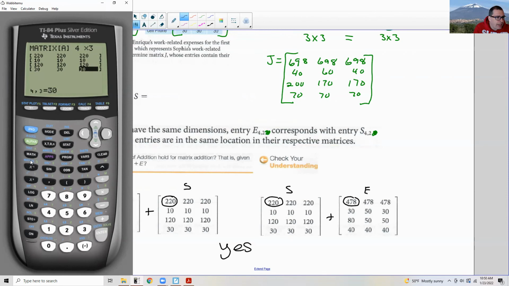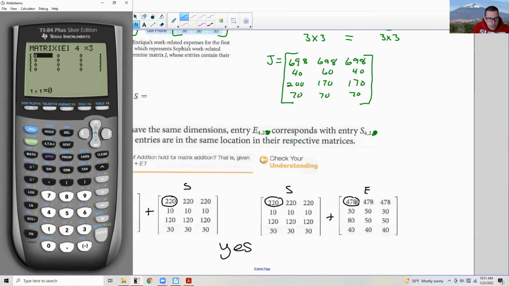When I go back and hit second matrix, it's saved it. It says it's a 4x3. Now I want to edit matrix B. I'm going to go over to edit first and then down to B. B is going to be our E, if you will, unless you want to just go down to E and use that one. I didn't rename A S. We will know that A is representing S, but here is matrix E. It is also 4 rows by 3 columns, so it's 4 by 3, and there's our zero matrix.